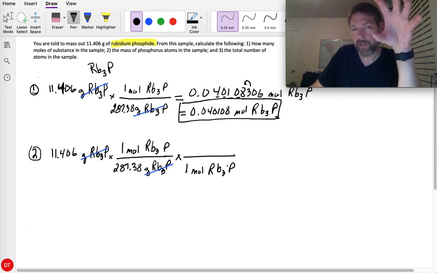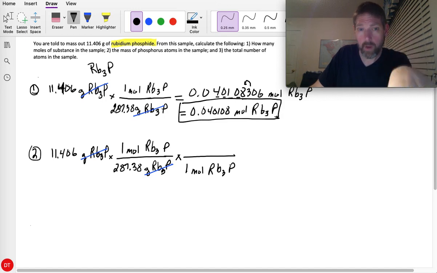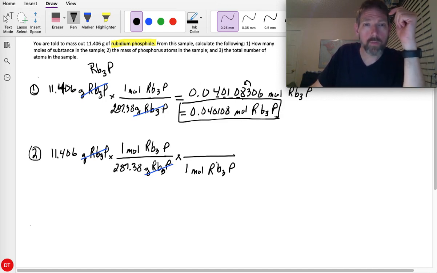And in that ratio, in 1 mole of this, there's 3 moles of rubidium and 1 mole of phosphorus in this sample. And so in number 2, since we want to focus on the phosphorus atoms, basically we're going to separate out the phosphorus atoms in this. So if we had 1 mole of this substance, because of the ratio of atoms that are there, there would have to be 1 mole of phosphorus atoms in that sample.